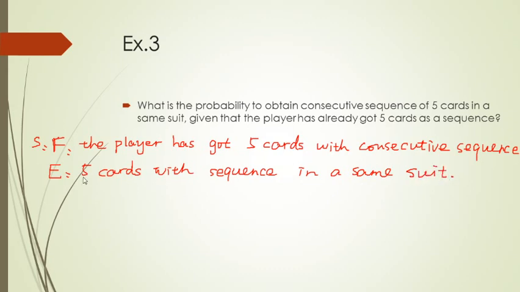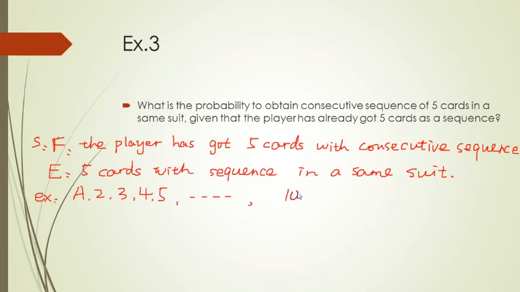Now here, we check the sequence. We analyzed the sequence previously, right? For example, you can have the sequence A, 2, 3, 4, 5. That is one hand. You can have 2, 3, 4, 5, 6, then 3, 4, 5, 6, 7, like that.